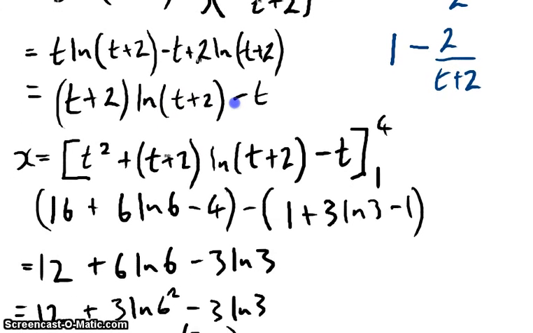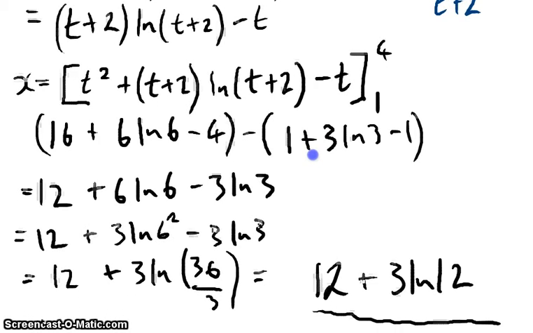So, don't forget that we've got the original t squared term from earlier. That joins us again. Nice to see you again, hello. And then we've got the rest of the integral. And we're integrating between 4 and 1, so we substitute 4 in, we substitute 1 in. And that gives us these values here.